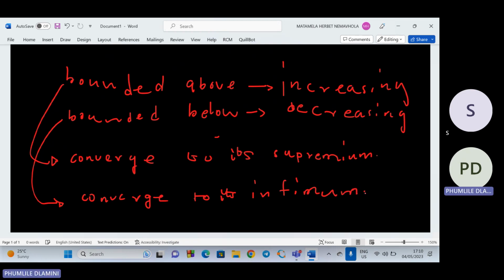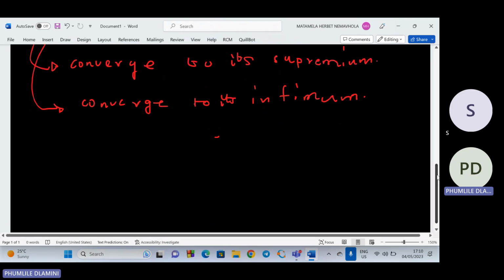Now, when you go into proofs, you are going to be asked to prove that a sequence converges to some real number, which can be the infimum or the supremum. Sometimes the question won't ask you specifically for the infimum or supremum.